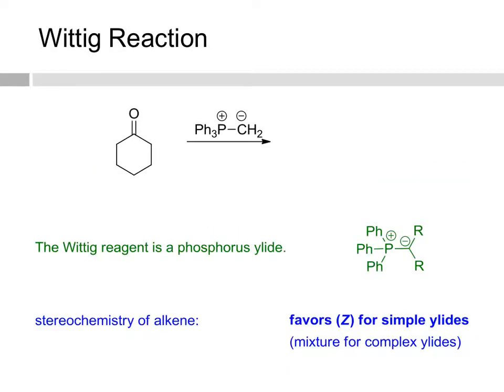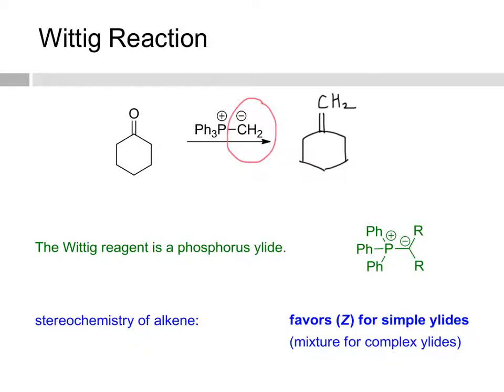The Wittig reaction is the reaction between an aldehyde or ketone with the Wittig reagent to form an alkene. You can see that in this compound, we replace the carbonyl oxygen with this group of the ylide. The Wittig reagent is a phosphorus ylide, and an ylide is any species that has a positive and negative charge on adjacent atoms.